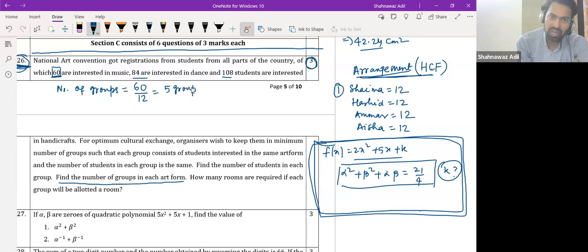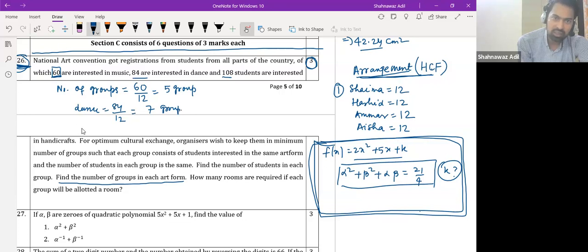So there would be five groups of music students, and similarly the number of groups for dance. Dance would be 84 divided by 12, so seven groups of dance students.